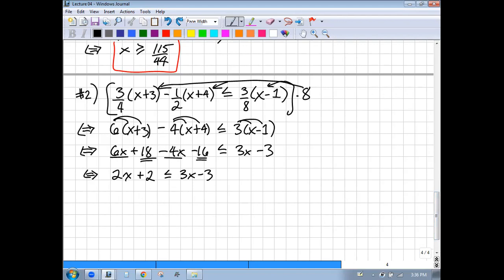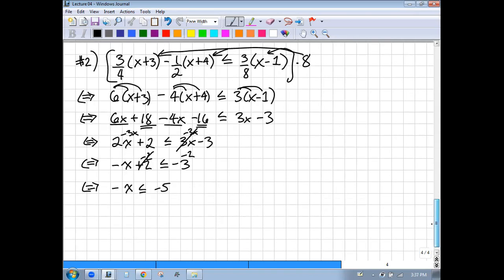So I could subtract 3x from both sides. So 2x minus 3x is a negative x. All right, let's get rid of this plus 2 by subtracting 2 from both sides. We have a negative x less than or equal to a negative 5.